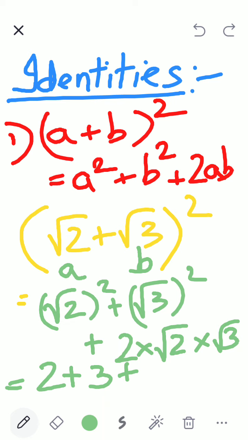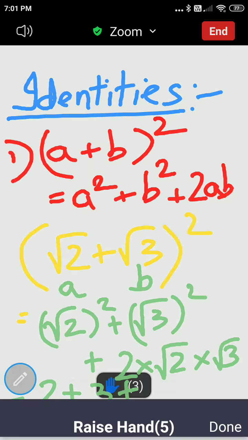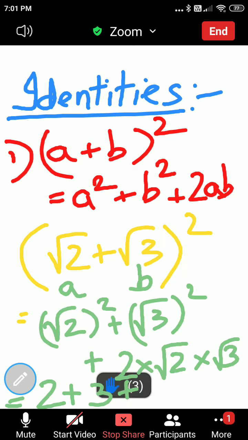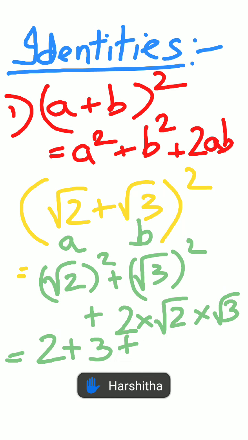Anybody? Raise your hands. Yes, Harshita. How 2 square into 3? But one 2 is outside the house, one 2 is inside the house. What did I tell you in multiplication?